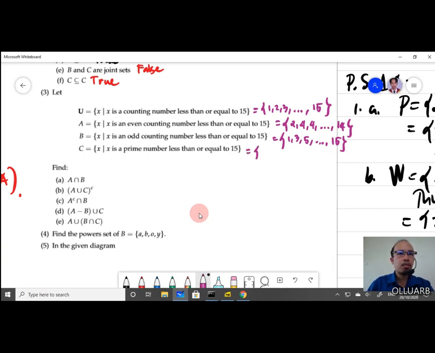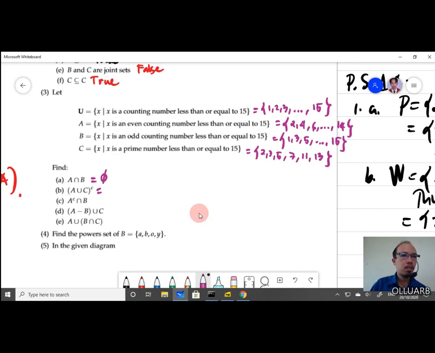Prime numbers less than or equal to 15: 2, 3, 5, 7, 11, 13. Okay, so to answer letter A, the intersection of A and B: since set A is the even numbers and set B is the odd counting numbers, the intersection is empty.